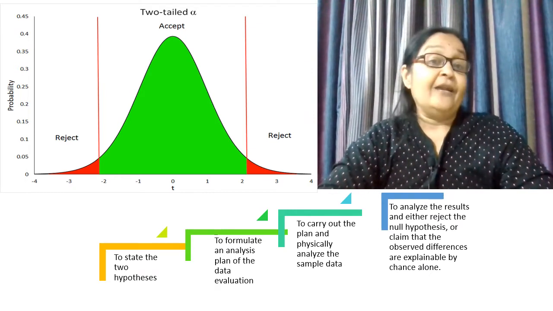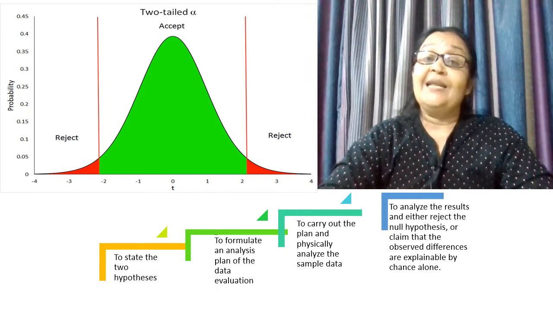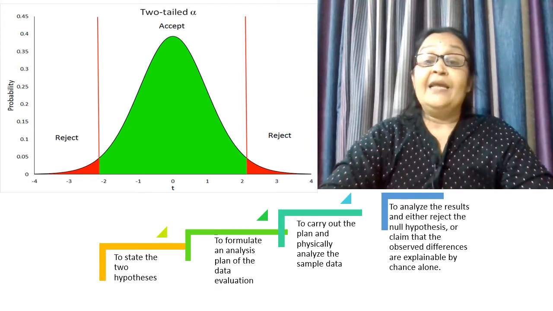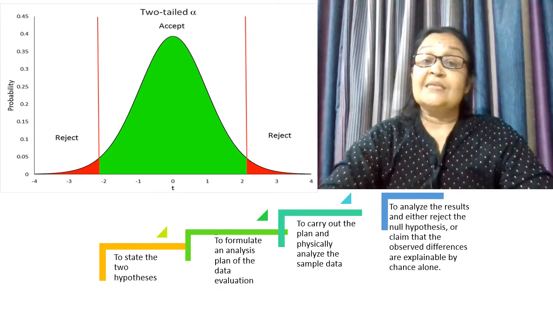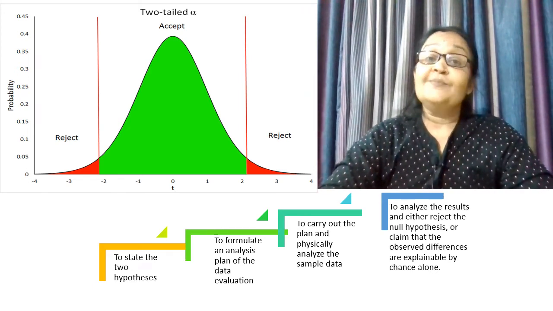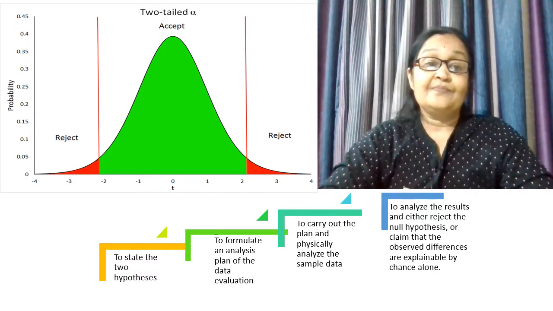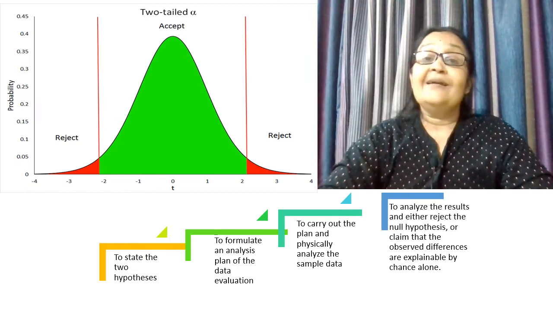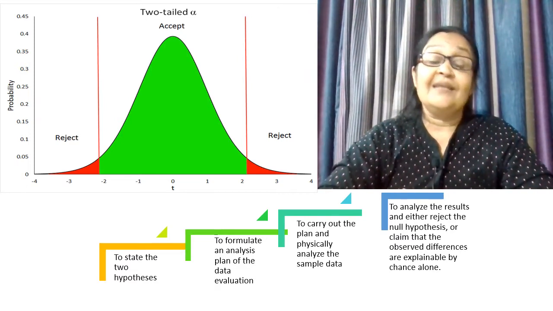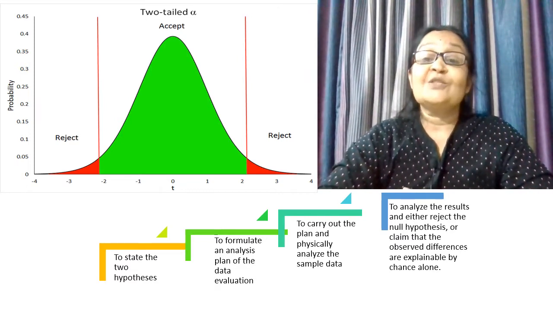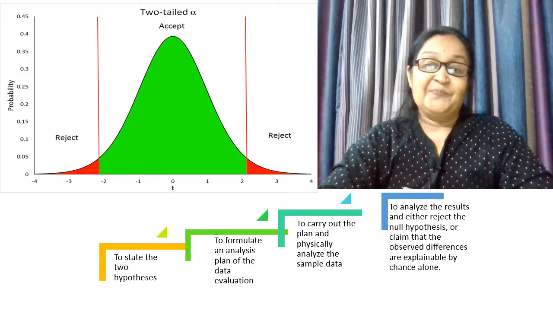And the fourth and final step is to analyze the results and either reject the null hypothesis or claim that the observed differences are explainable by chance alone. The analysts look to reject the null hypothesis because it is a strong conclusion.